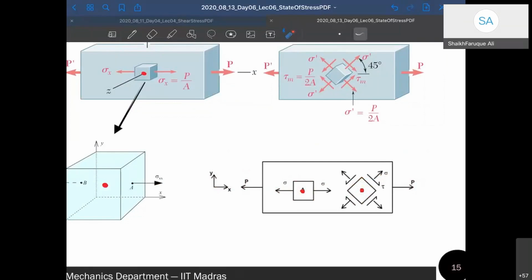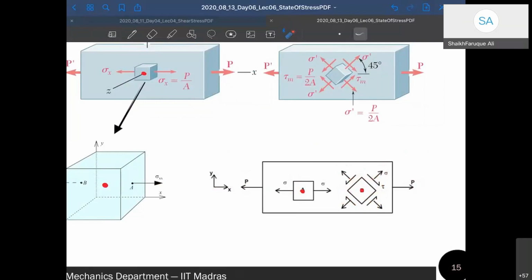So inclined plane will have both shear stress and normal stress, right? So this will be shear, this is normal. So if there is a shear stress along this direction, this shear stress is going to be opposite to that direction, right? And this will create a moment which will be like this. So there has to be shear stress that should balance this. So this shear stress will be this direction, that shear stress will be this direction. Okay. As you have a normal stress along this direction, that plane will also have a normal along that direction.